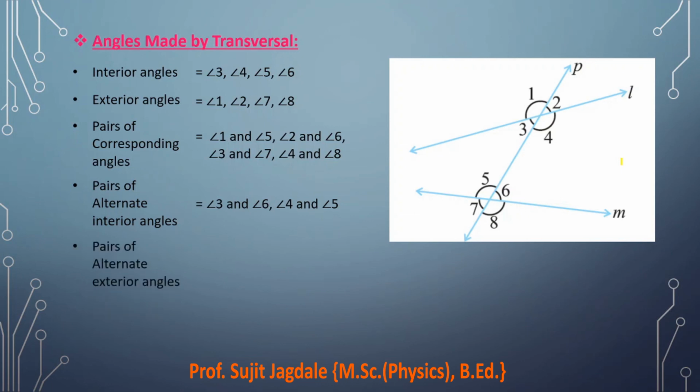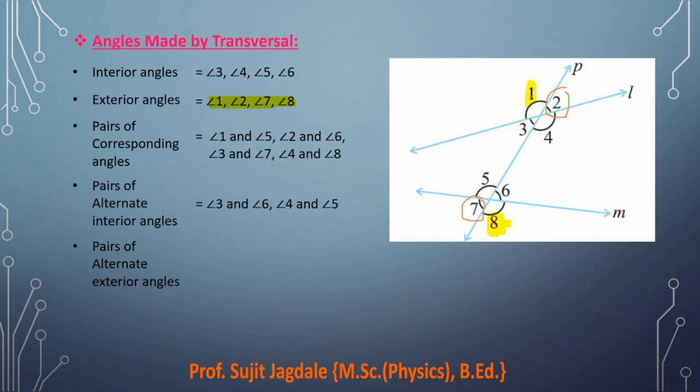The next one is pairs of alternate exterior angles. How many exterior angles are there? Four angles: 1, 2, 7, 8. Among these, angle 1 and angle 8 is the first pair, and angle 2 and angle 7 is the second pair.